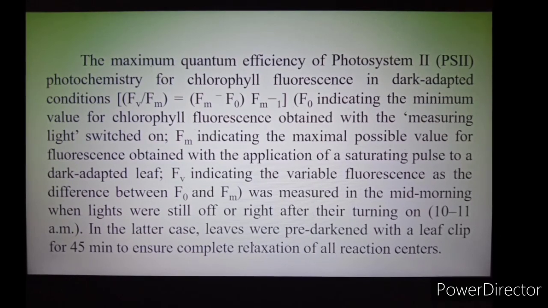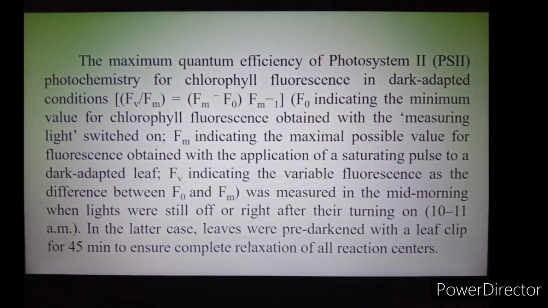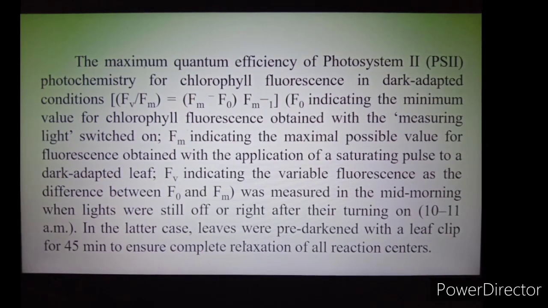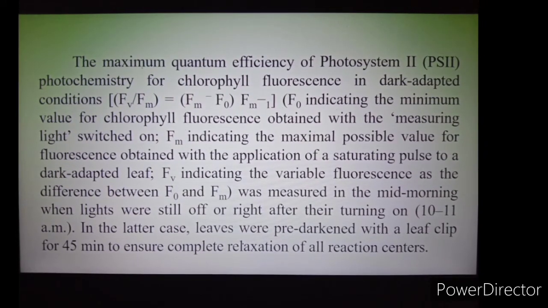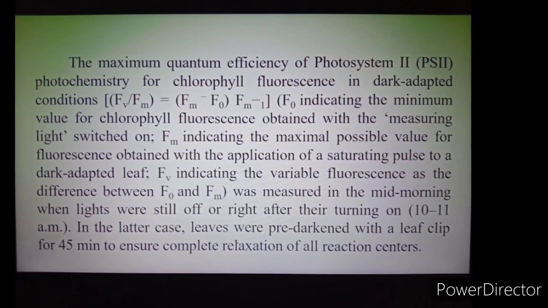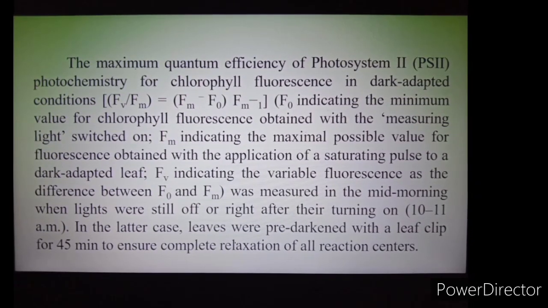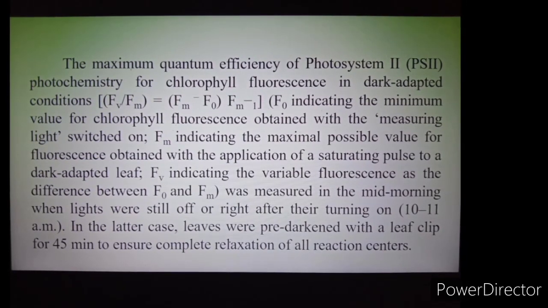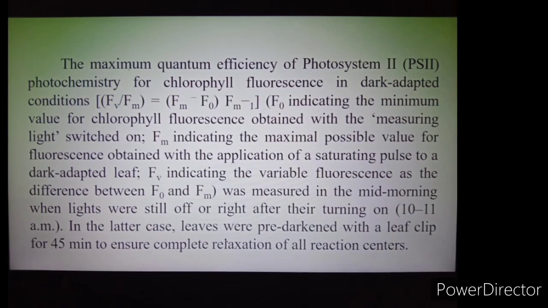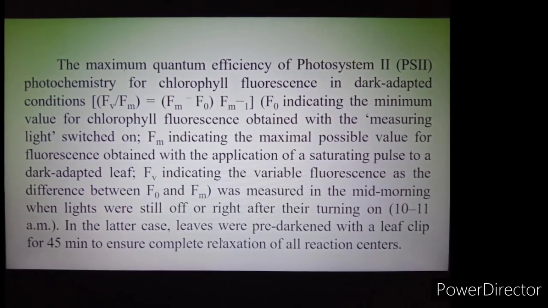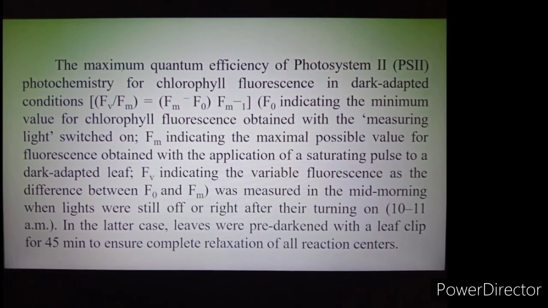FV indicating the variable fluorescence as the difference between F0 and FM was measured in the mid-morning when lights were still off or right after their turning on, 10 to 11 a.m. In the latter case, leaves were pre-darkened with a leaf clip for 45 minutes to ensure complete relaxation of all reaction centers.